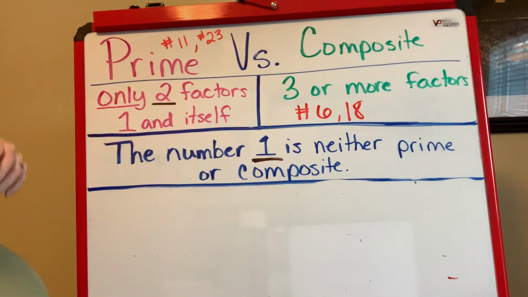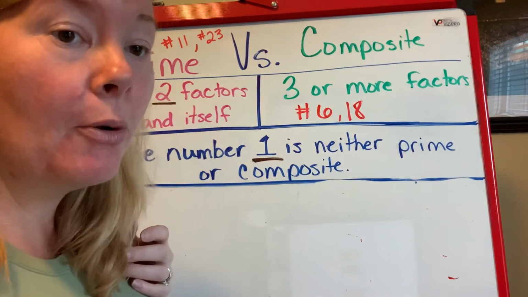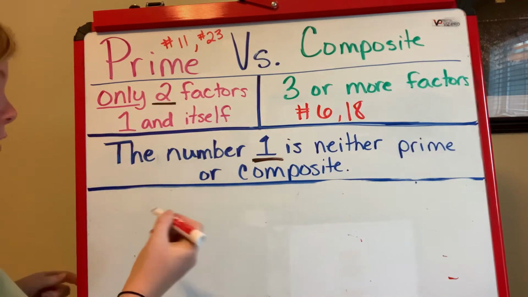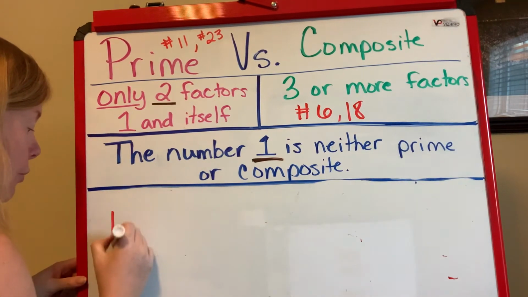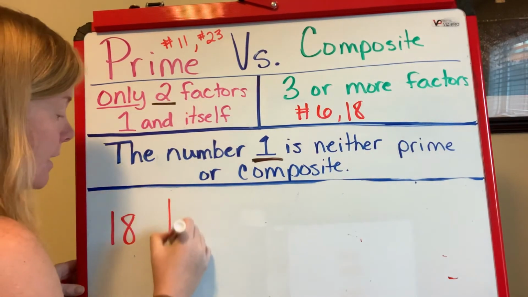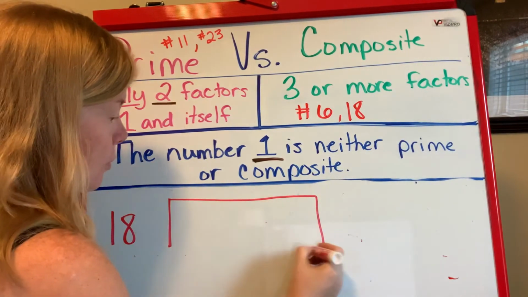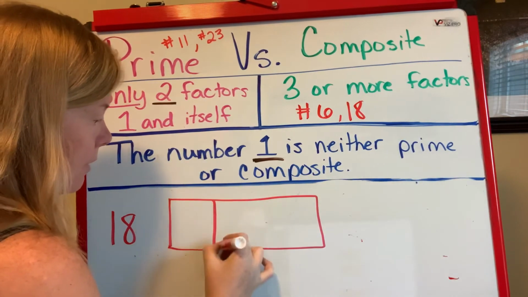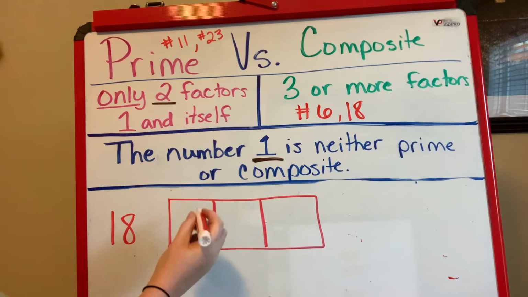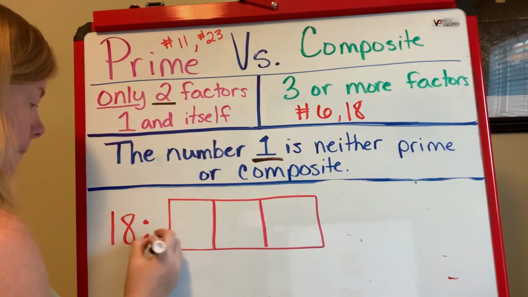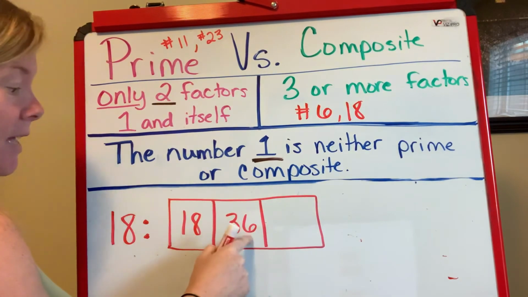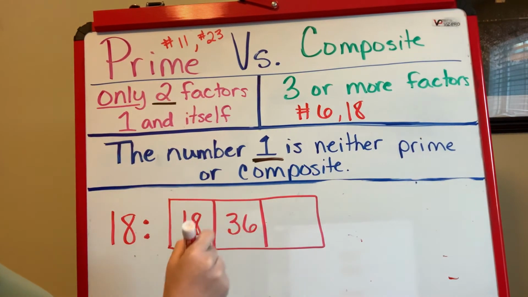I will do the very first example, which is on your paper, by the way. So on your paper, the example is 18. So today, you have to take the number 18. You have to list the first three multiples. The very first multiple is always going to be whatever the number is. 18, 36, and then how do we figure out this last one?